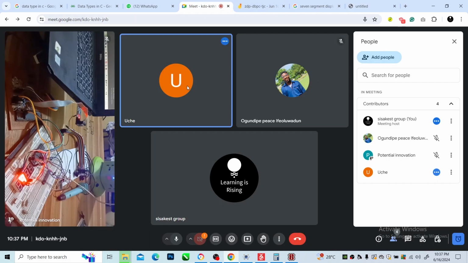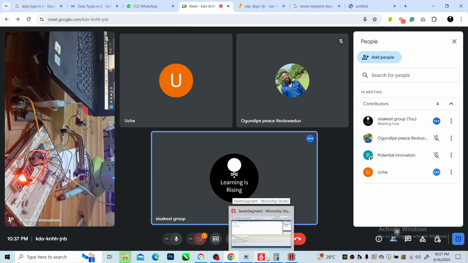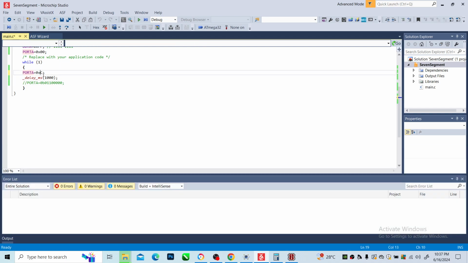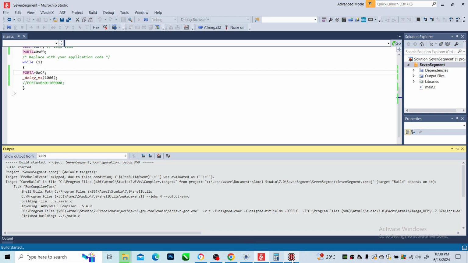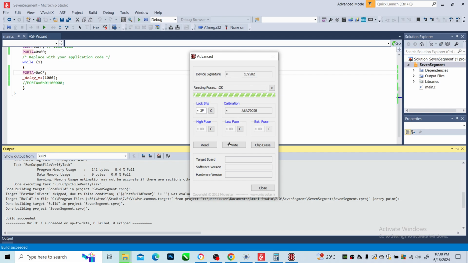Okay, let's go back. What I would do to fix this now is to just change that code to CF, not FC, and compile it back. Sorry, I will not share screen because of time. Currently on Synapse, I'm doing advanced and erasing the chip.